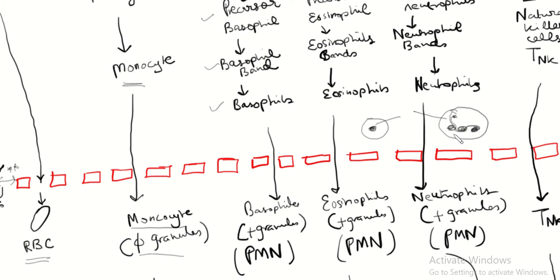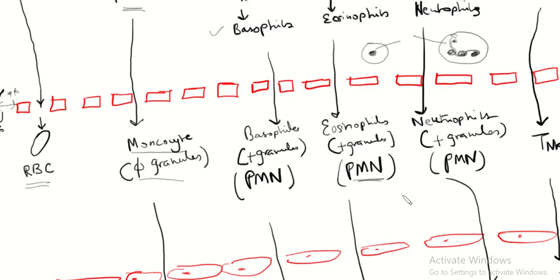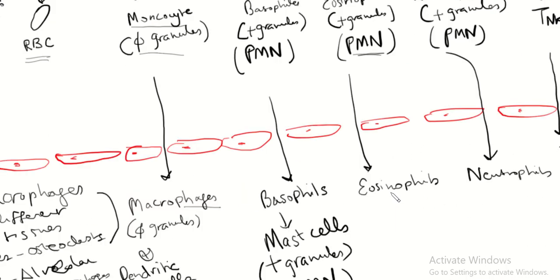Polymorphonuclear cells, cells with multiple morphology of their nuclei. So they are abbreviated as PMNs. So basophil, Ben cells are PMNs, polymorphonuclear cells, and they have granules.